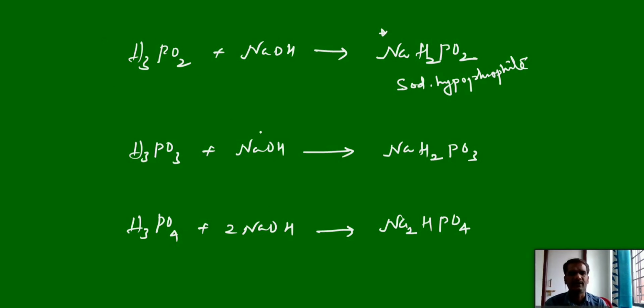In this case, if I ask what is the basicity of hypophosphorus acid, phosphorus acid and phosphoric acid: in the first reaction, tell me H3PO2 basicity, how much it is? One only.